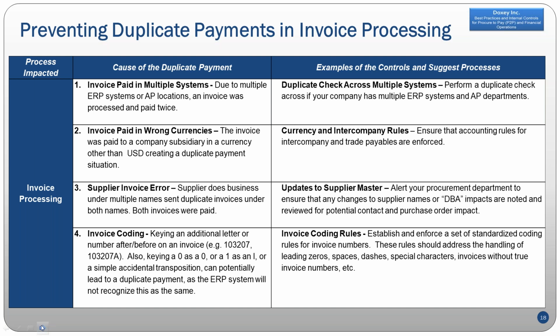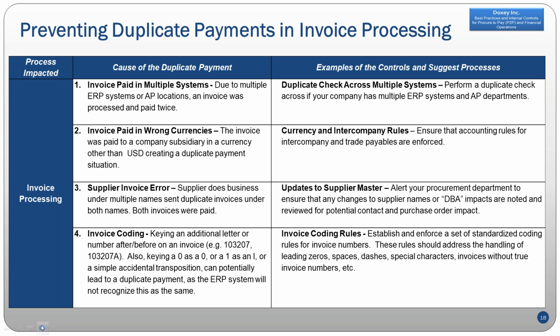I once worked with a client that had two separate accounts payable departments, and they had controls in place when payments were made to make sure this didn't happen. But the fact of the matter is that they needed additional controls and checks and balances, because the risks were there for having the invoice paid twice.